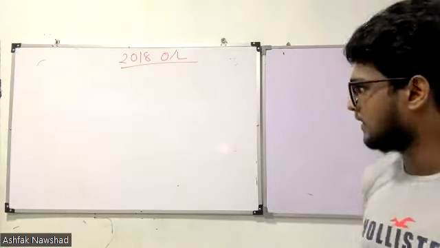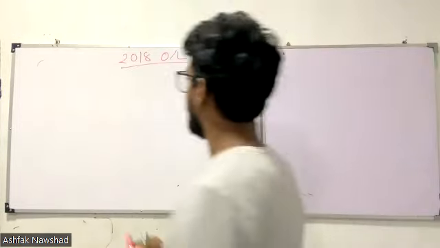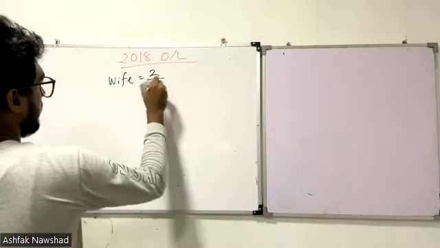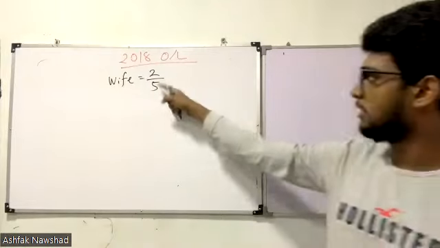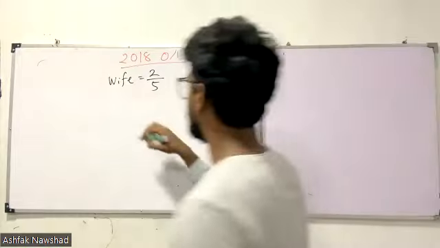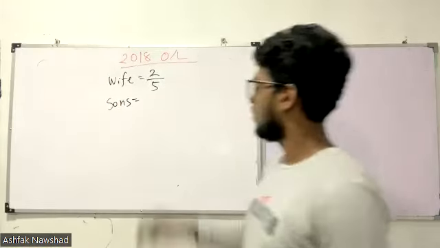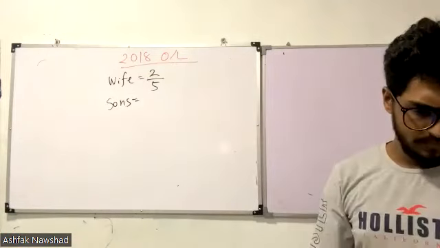So this is about money, right? This was his plan. He was about to give the wife 2/5, and they say he was about to divide the remaining amount equally to his sons. So let me know if he gave 2/5 to his wife, what's remaining?